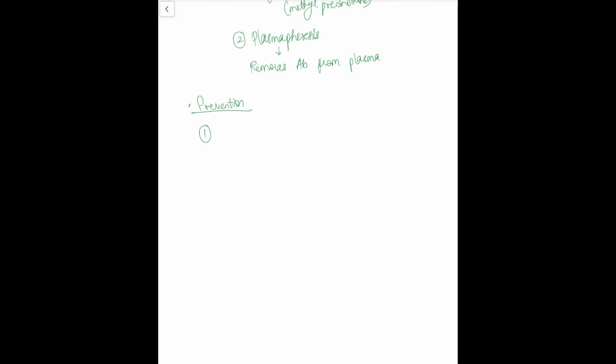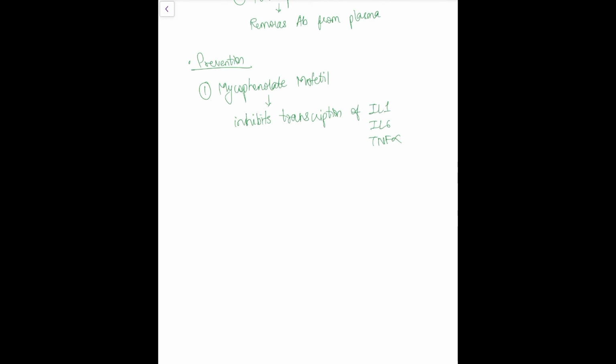So for prevention, you would want to give an immunosuppressant, mycophenolate mofetil, which basically will act on the DNA and prevent the transcription of the inflammatory cytokines, IL-1, IL-6 and TNF-alpha, thus inhibiting the inflammation.